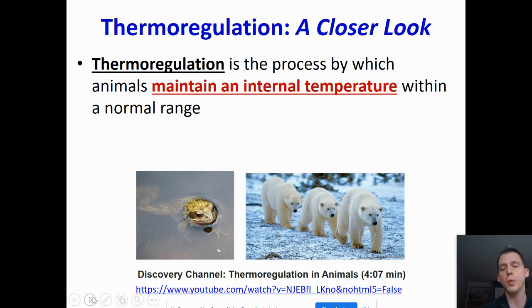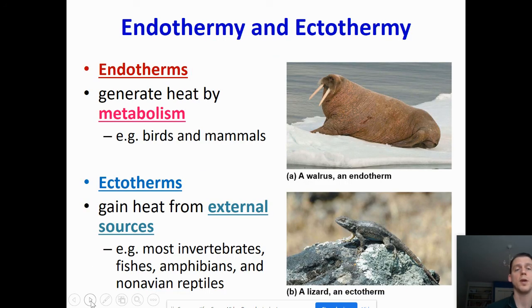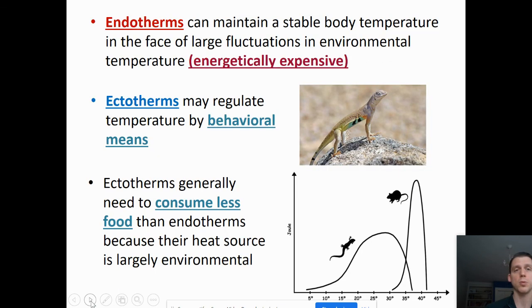All right, so thermoregulation, we've also already talked about this. We're going to get into it in a little more detail. It is a process by which animals maintain an internal temperature within a normal range. There are endotherms and there are ectotherms, right? We know this already. Endotherms, stable body temperature. Ectotherms regulate their temperatures.